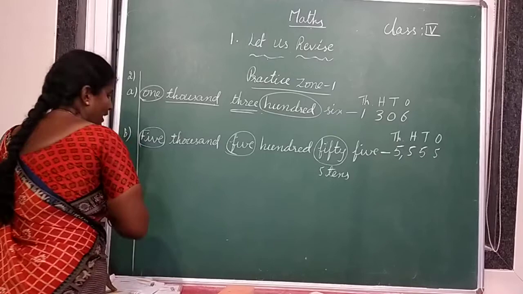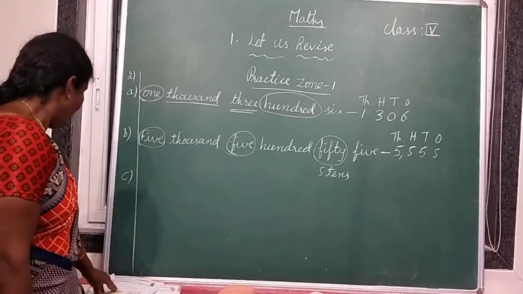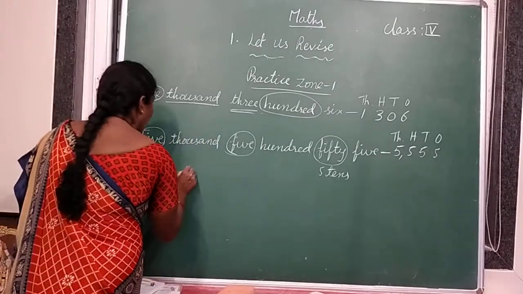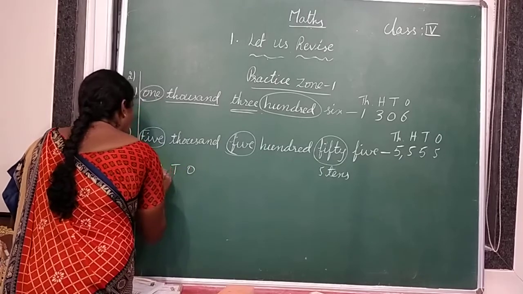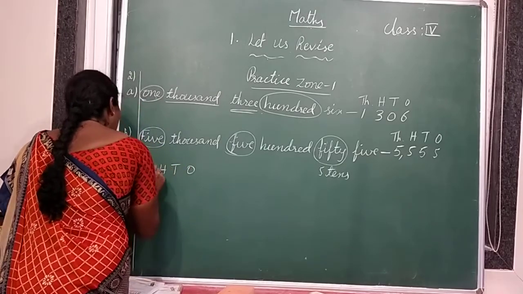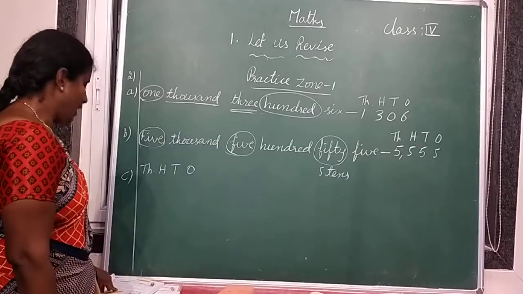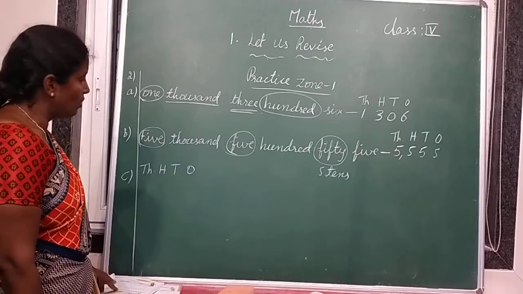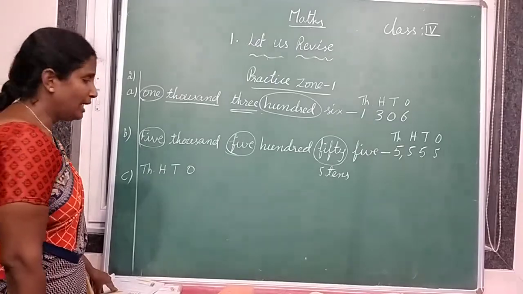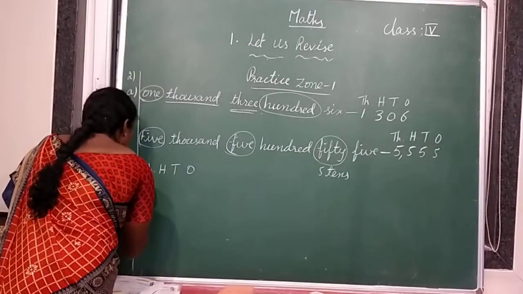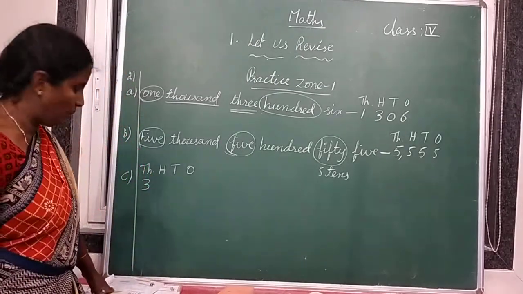C1. I am now writing the number name. So place values same. Ones, tens, hundreds, thousands. Up to thousands we have to write. How many thousands are there? 3000. So write 3 under thousands place.